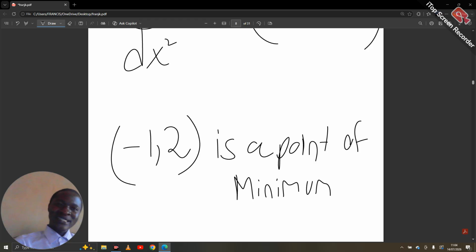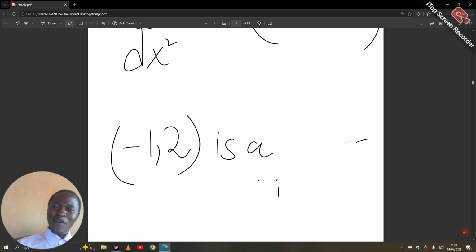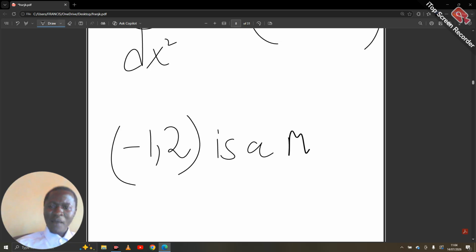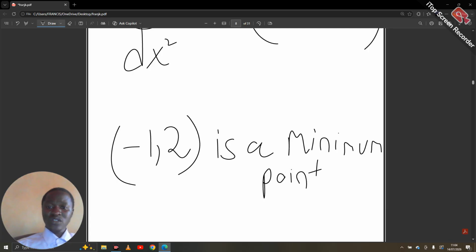I think English matters a lot. Is a minimum point. Let me write it that way. -1, 2 is a minimum point. But whatever English you use, you'll be marked right so long as you have the minimum.